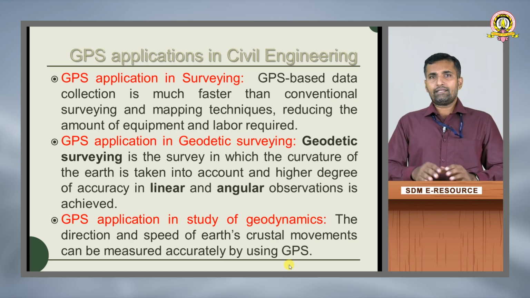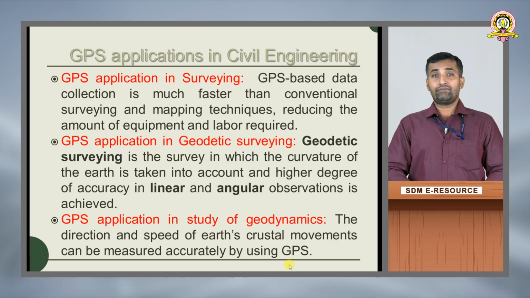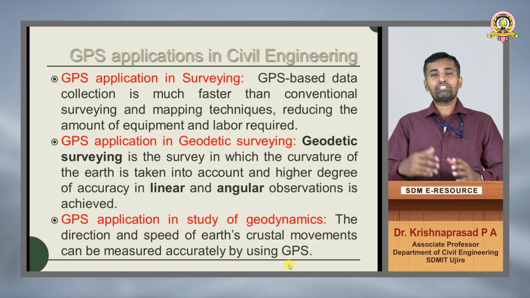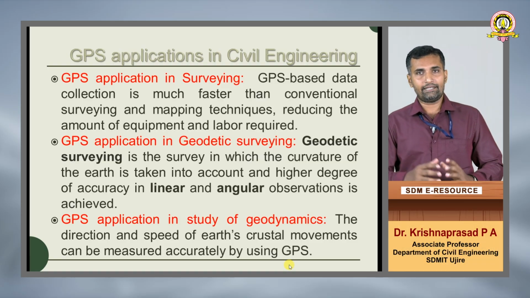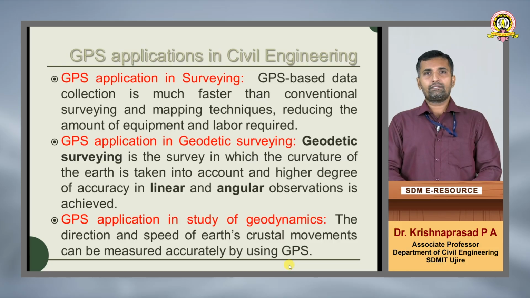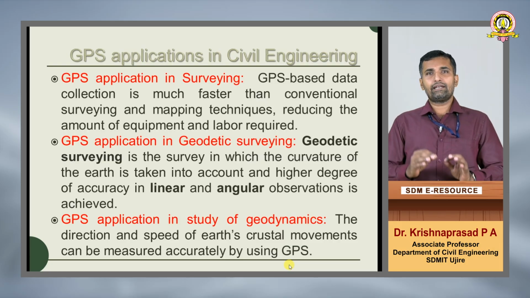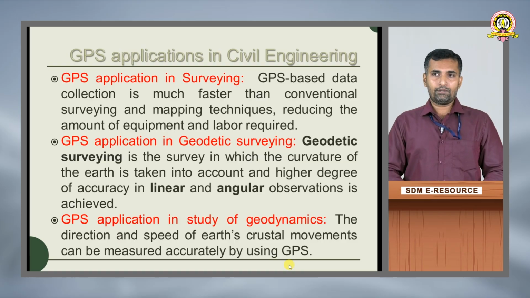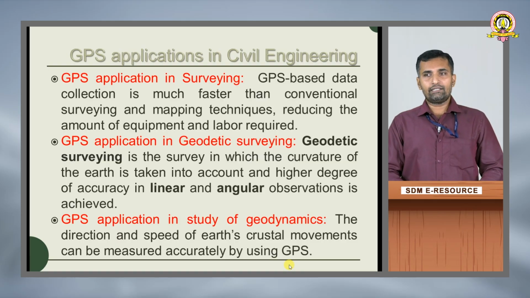One should understand the direction and speed of this movement to predict earthquakes as well as the seismic properties of that area. For that, one should clearly map the direction and speed of movement of the Earth's crust. GPS helps greatly in this area.